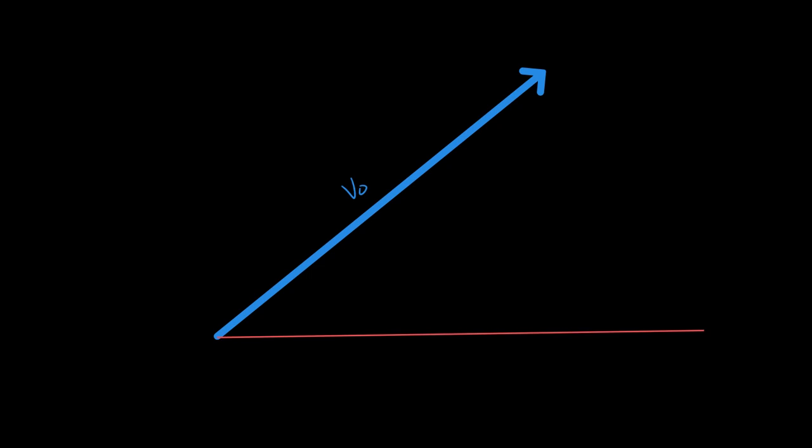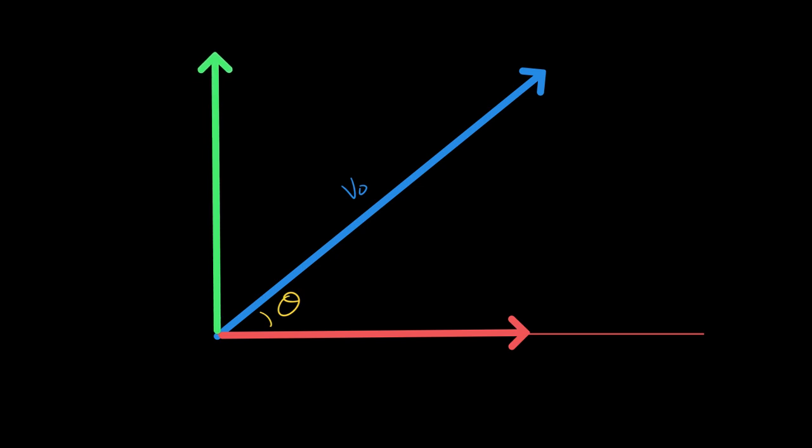I want to be clear about the relationship here, so let's draw this so it's very obvious and you can't escape it. If this is V naught and the horizon is this way, and that means that this is theta, then there is a Vx in this direction and a Vy naught in that direction.